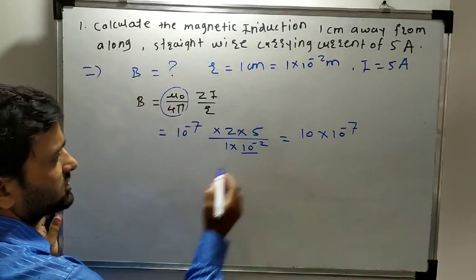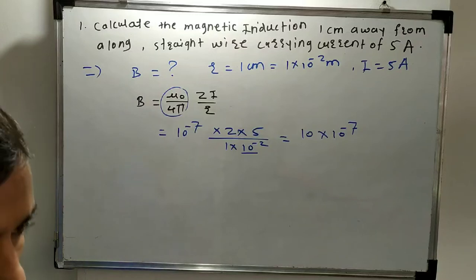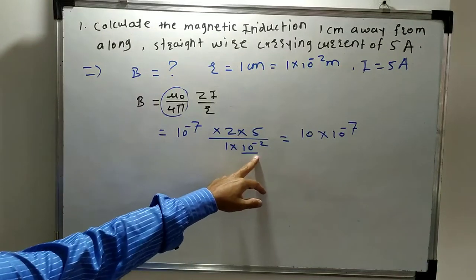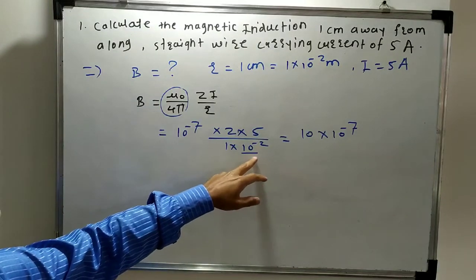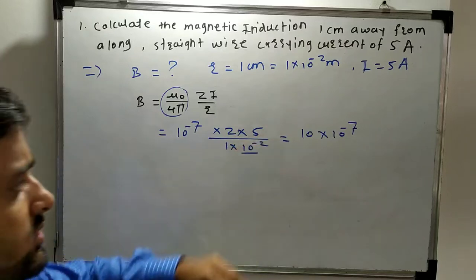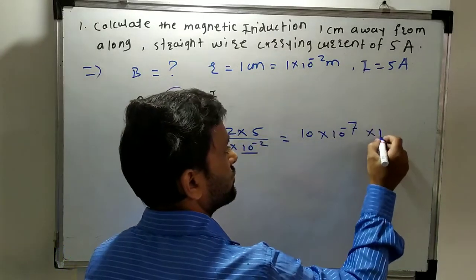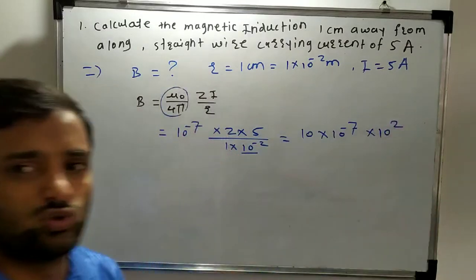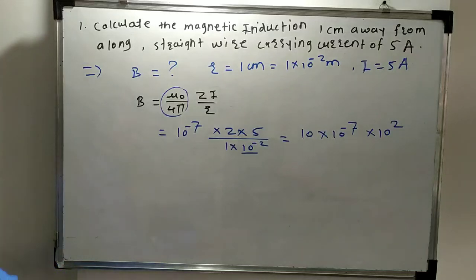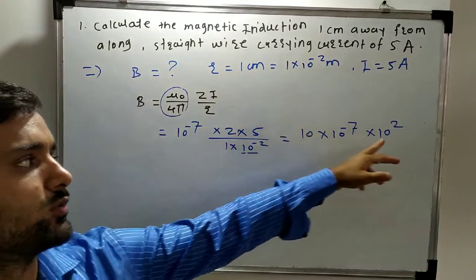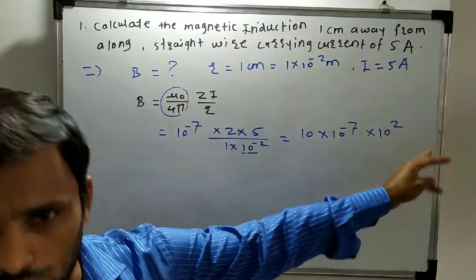Now this 10 raised to minus 2 is in the denominator. If you write this 10 raised to minus 2 in the numerator, then what will happen? It becomes 10 raised to plus 2. This minus 2, if you send it to the numerator, becomes plus 2.